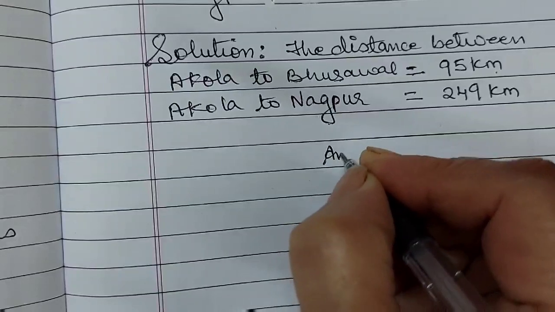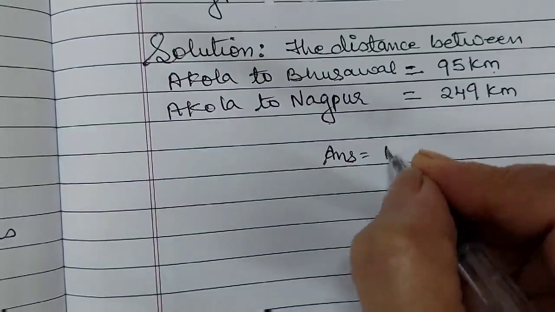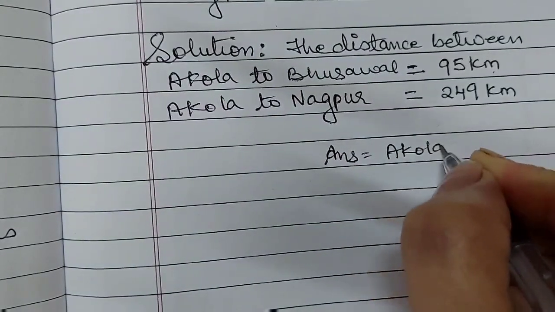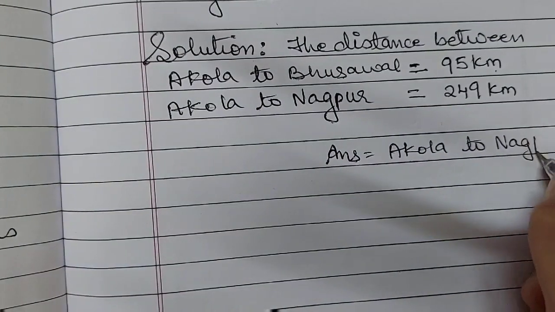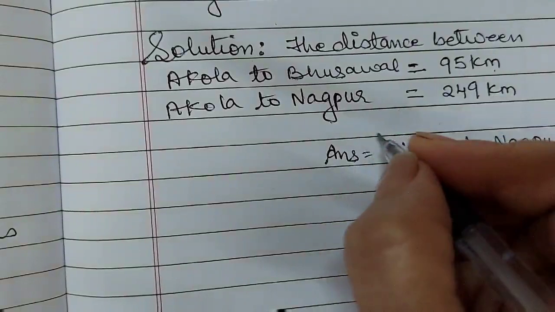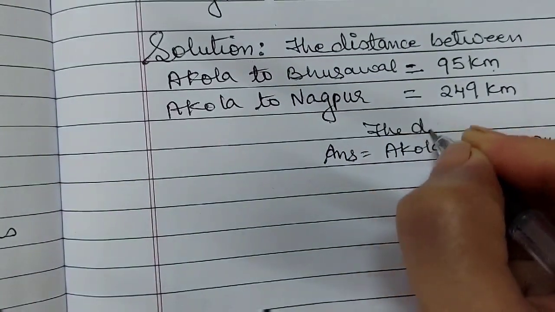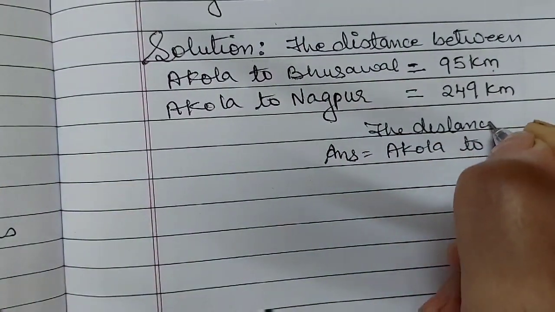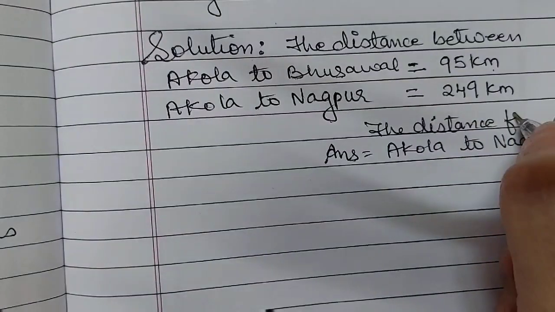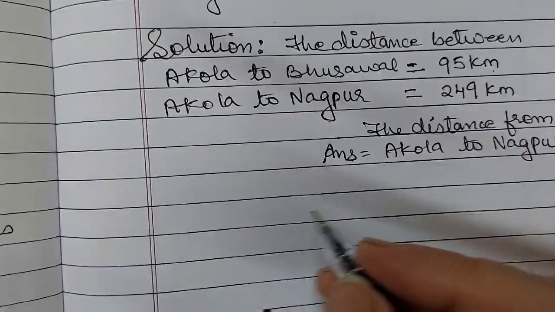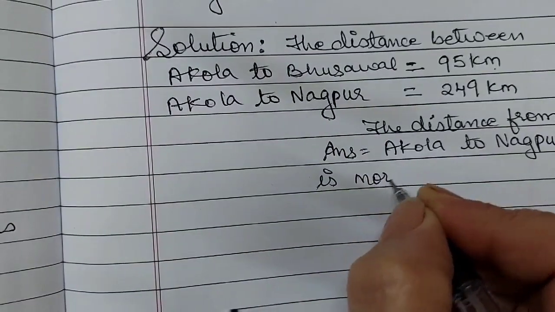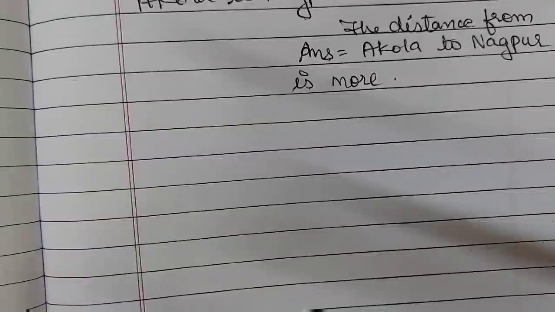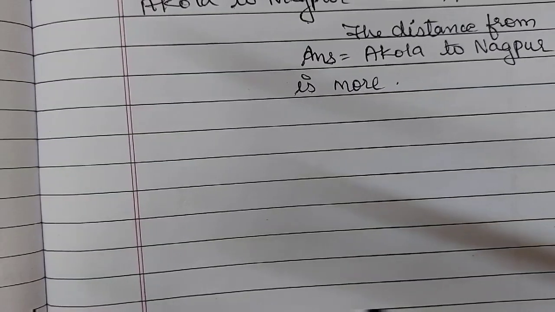So children, we can write here the answer: the distance from Akola to Nagpur is more. So we found out the answer to the first question.